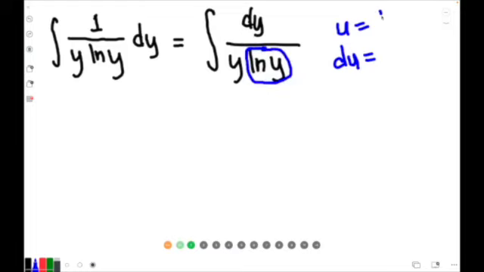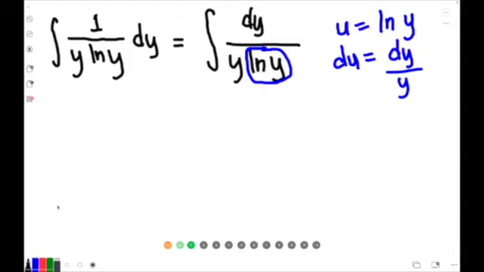So let's write u is equal to ln y. For the derivative of ln y, or the derivative of u, that would just be equal to dy over y. If you integrate dy over y, that will just be equal to ln y, which we already studied from the last meeting.